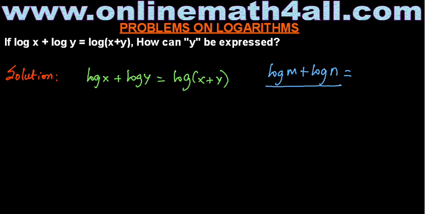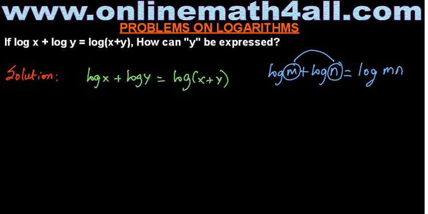Here two logarithms are added. Whenever two logarithms are added with the same base, here the base is not given, so we can assume the base is 10, we can take only one logarithm and multiply the terms m and n, so log of m times n. This is a fundamental law in logarithms.